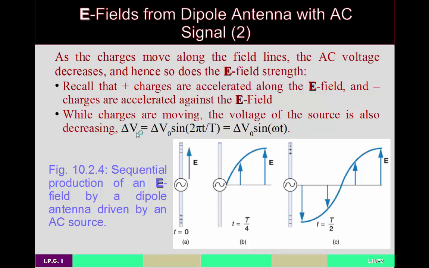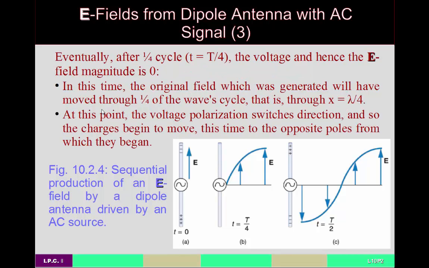Basically, the voltage looks like the maximum voltage times the sine of the angular frequency, that's 2π over the period, times the time. This is your sinusoidal voltage value. This is what you will also end up detecting for your E field, because your E field is basically this divided by some length of the antenna, for example.